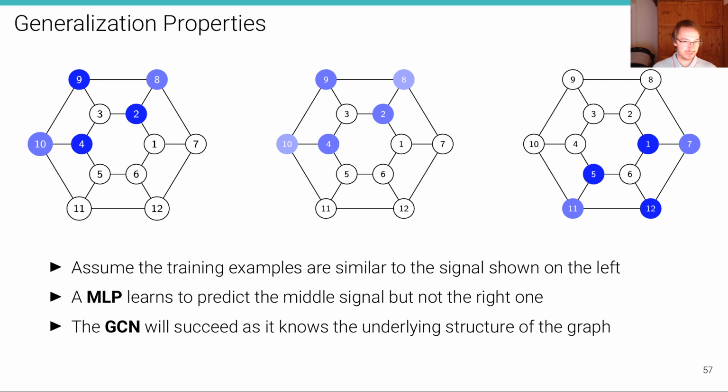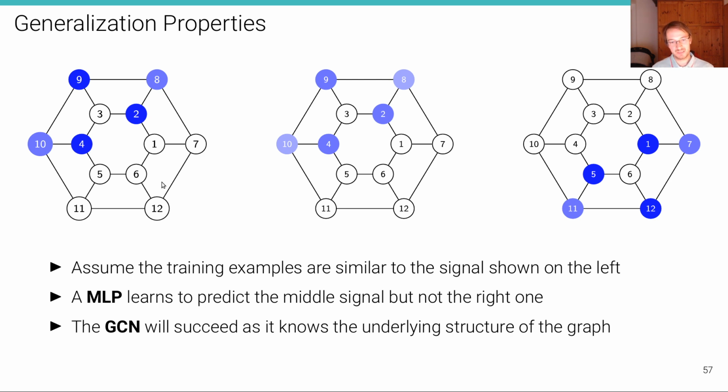Here's a little illustration on the generalization properties. Assume the training examples are all somewhat similar to this example signal shown here on the left. By the way, the signal strength is indicated here in terms of the strength of the blue color. So we have this strong signal at vertex 9 and a weaker signal at 10 and no signal at 5 and 6.